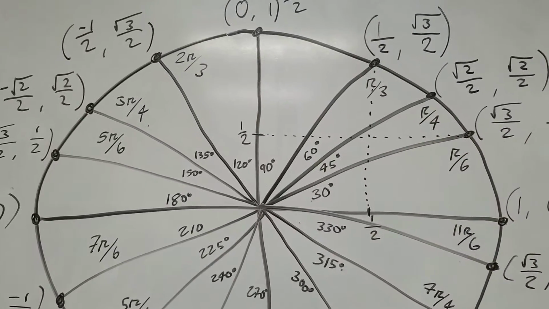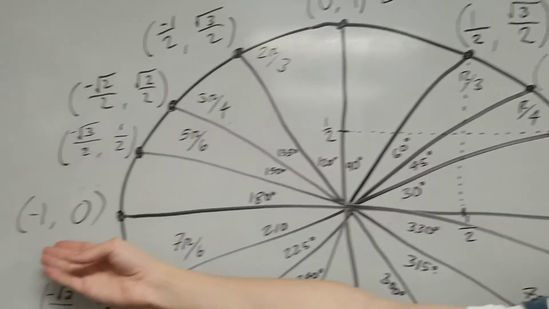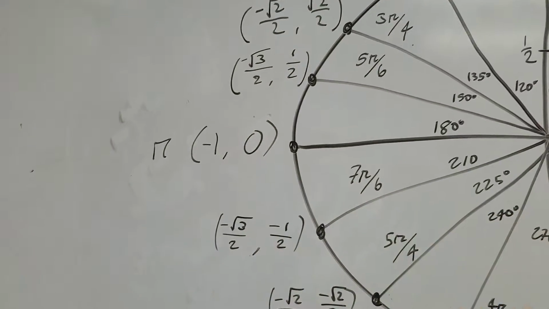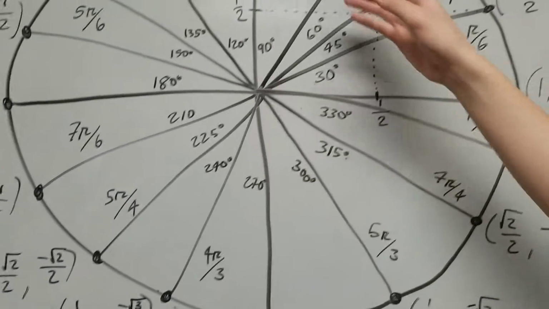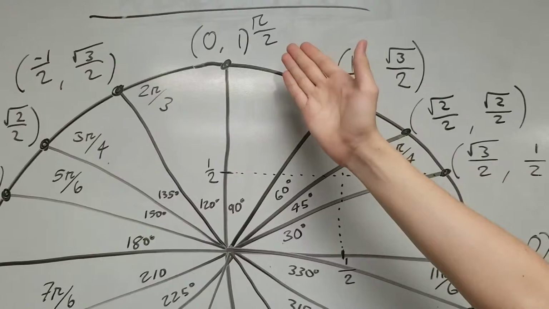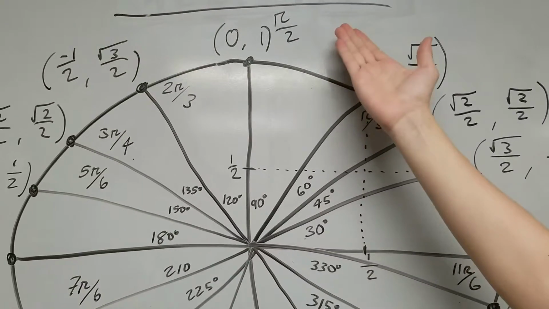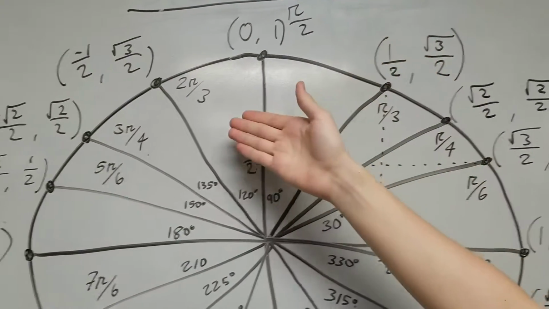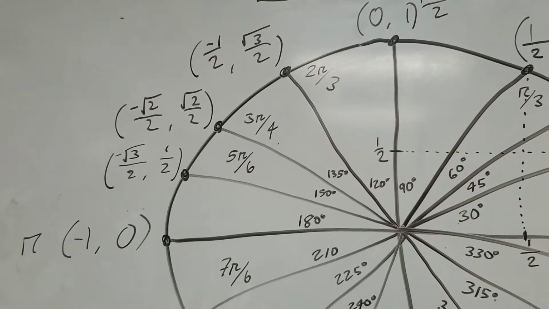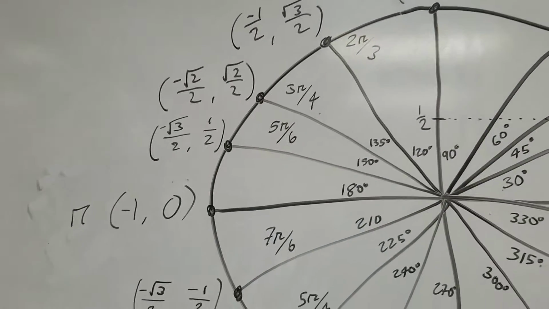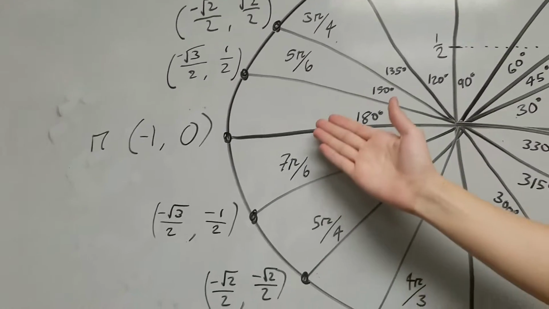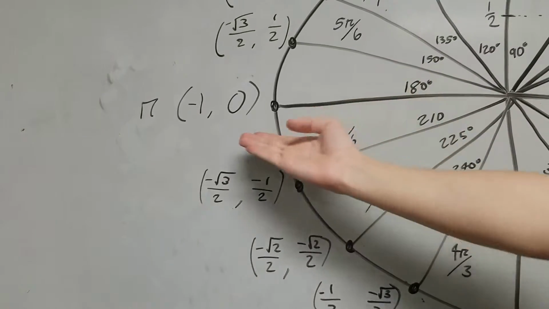That's just because we're getting closer to 1 pi over here and closer to a full 2 pi. Then once we get to the top here, since we're halfway to 1 full pi, we are pi over 2. And then continuing from there, we have 2 pi over 3, 3 pi over 4, and 5 pi over 6. And then soon we would get 6 pi over 6, or just pi.